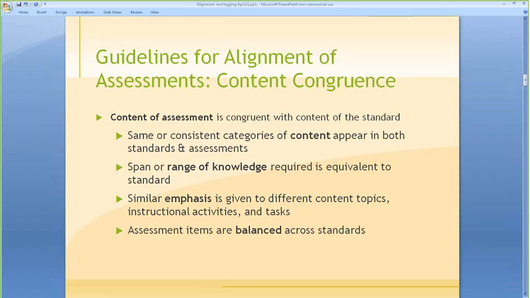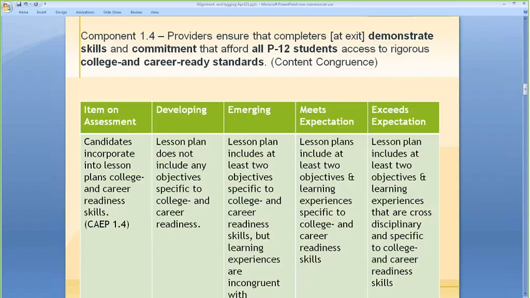So let's take a peek at an example here. As you know, I characteristically embed question and feedback pauses throughout my presentation. So as soon as we finish with this particular example and a little bit of discussion, I'll pause and see if we have any questions. Okay, so we're going to look specifically here at Component 1.4.